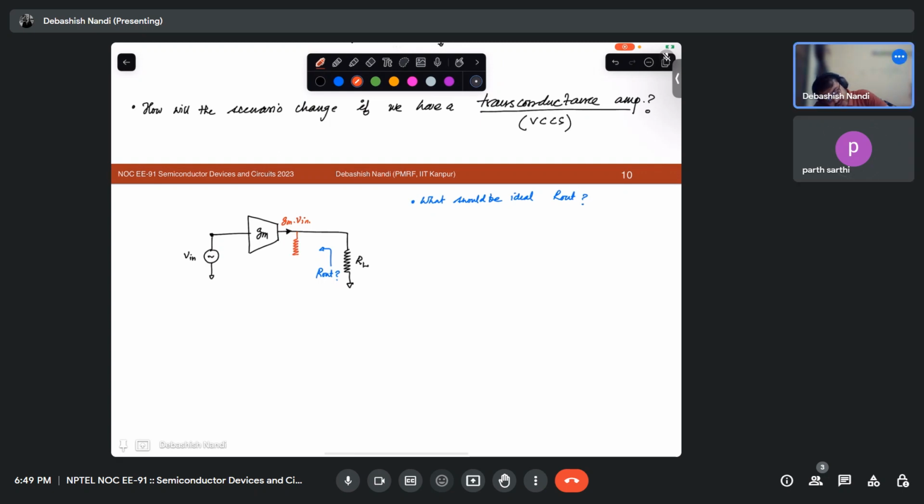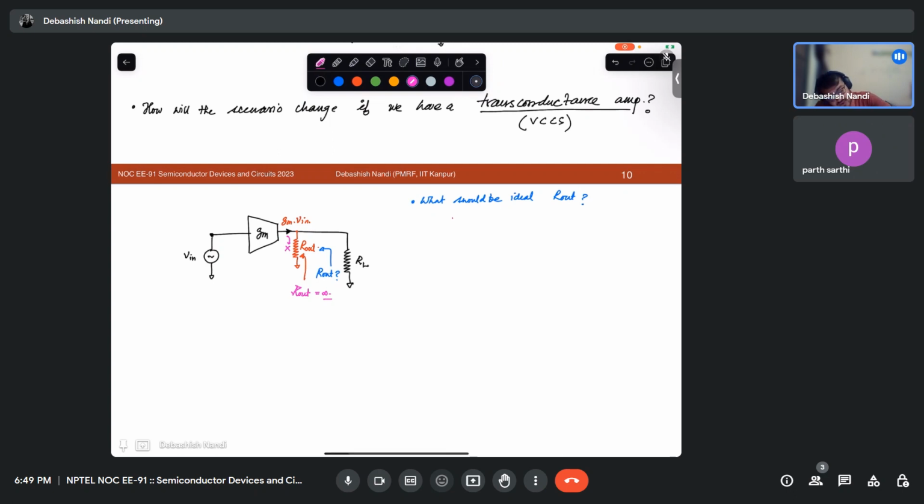So we do not need any output impedance. This will be my R out. No current should flow through this path. So what should be my R out? Infinite, ideally. Ideally it should be infinity, right?